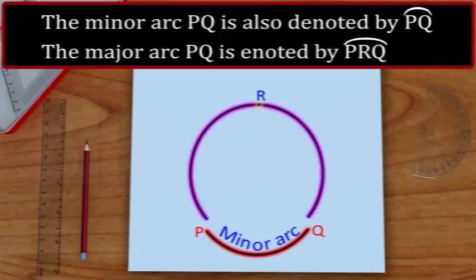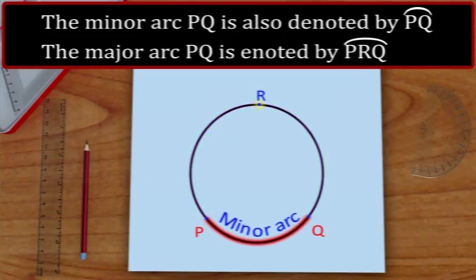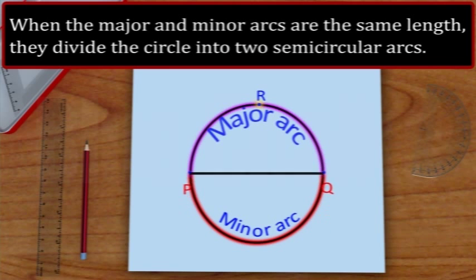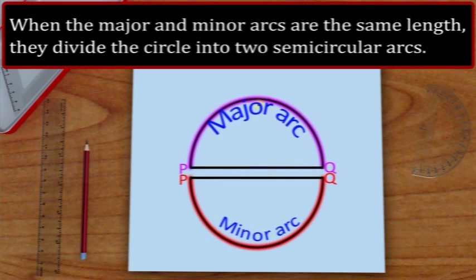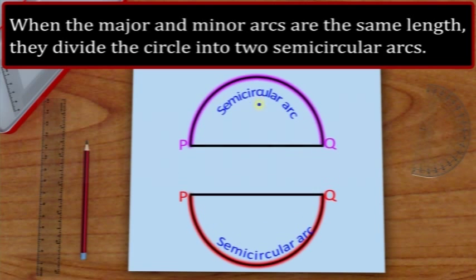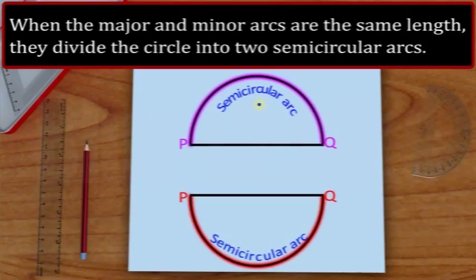Unless mentioned, when we talk about an arc, we refer to the minor arc only. When the major and minor arcs are the same length, they divide the circle into 2 semicircular arcs. In this case, P and Q will be the ends of a diameter.